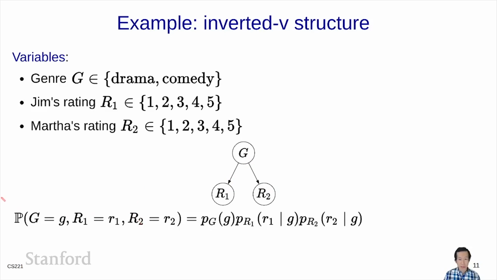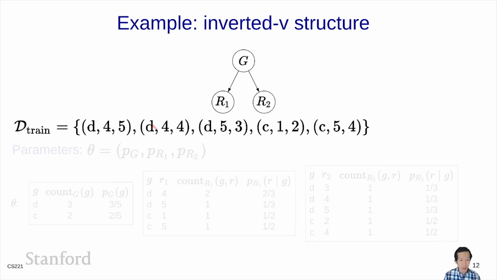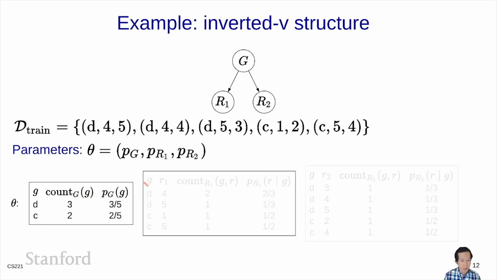So now we have this 3-node Bayesian network, and the estimation is going to be the same. I'll just go through it very quickly. So we have parameters, 1 for every variable here, and so probability of G is count and normalize.